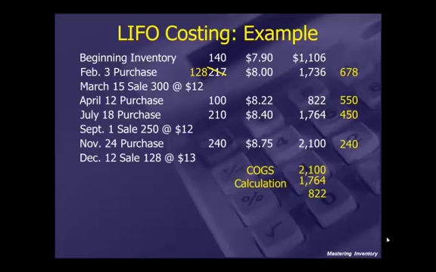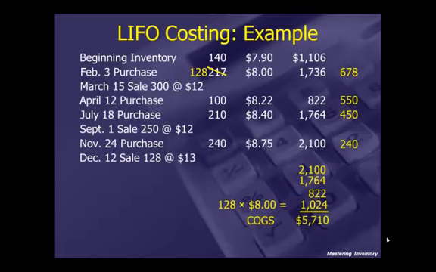So the cost of goods sold calculation, we have the 2100 from the November 24th purchase, 1764 from July 18th, 822 from April 12th, and we have 128 at $8 or 1024 from the February 3rd.